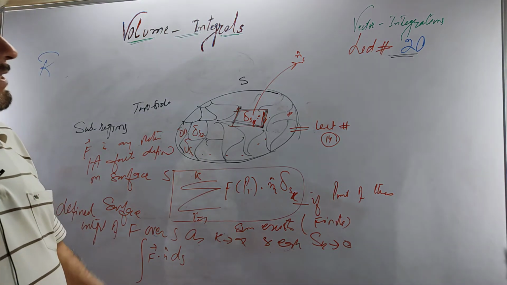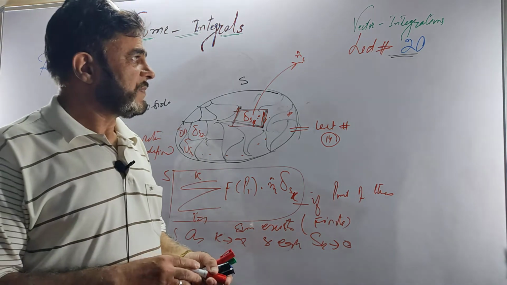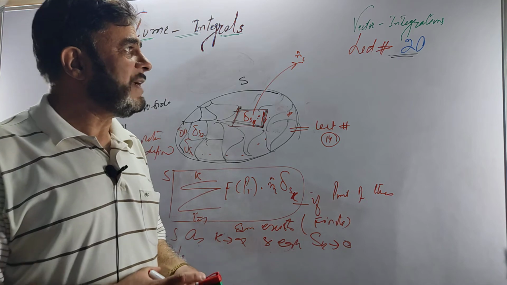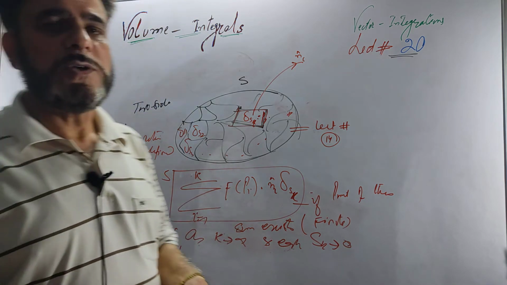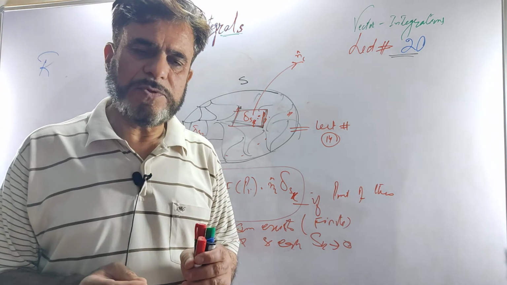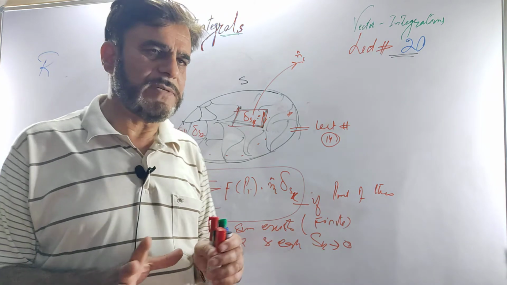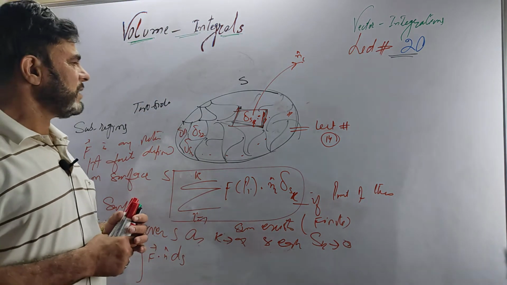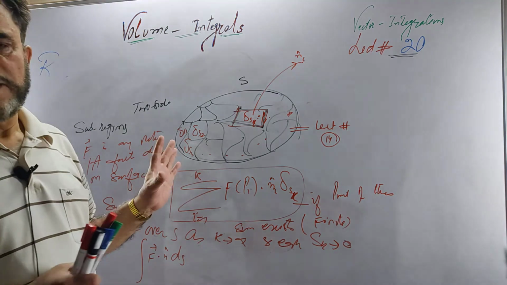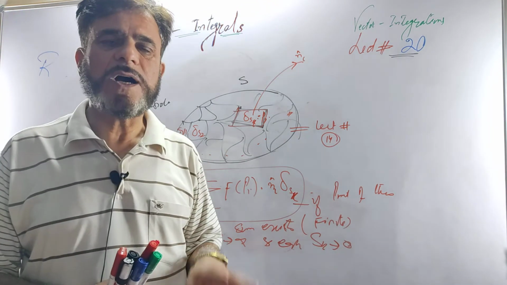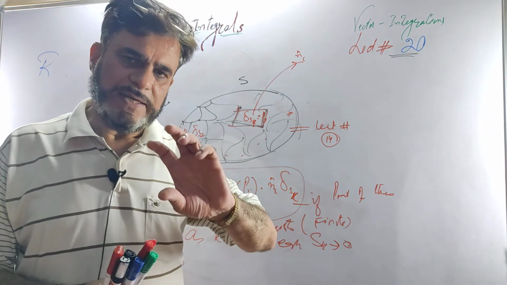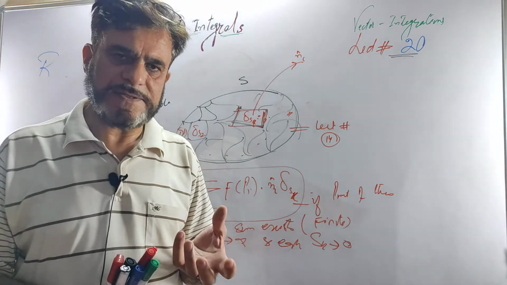Now today we have to discuss the volume integral. What is this volume integral? If we go to the simple layman's definition, we say a volume integral is simply an integral which is to be evaluated over a volume. Which volume? It can be a closed 3D surface.